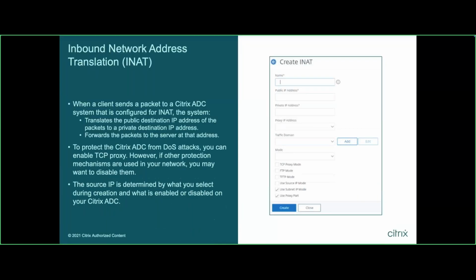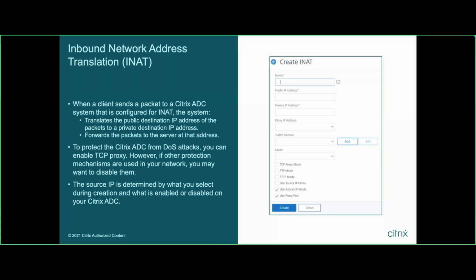And then you can do an inbound network address translation where you can create an INAT, that is going to translate all your public IP to the backend, right? So you can use IPv4 to IPv4, IPv4 to IPv6, IPv6 to IPv4, IPv6 to IPv6. Those are supported right here.